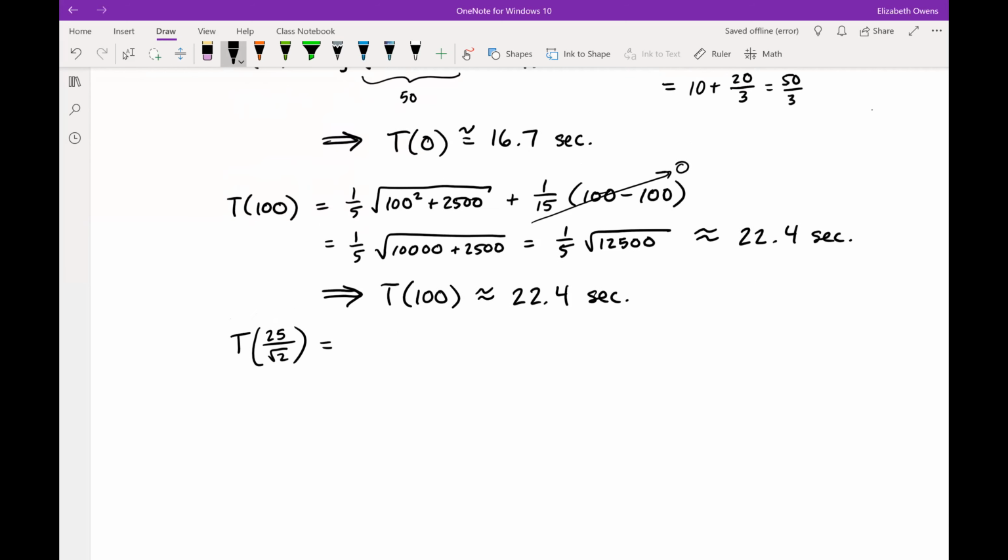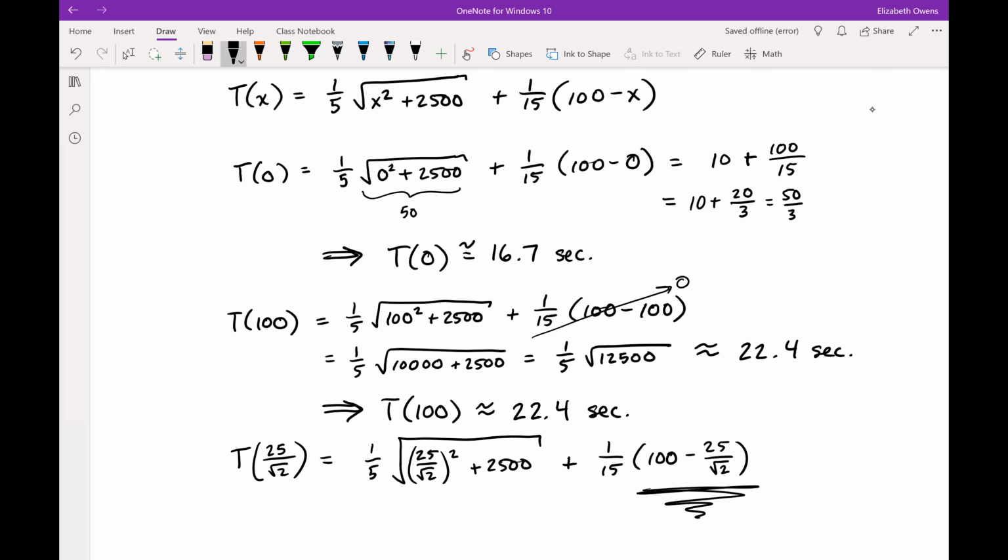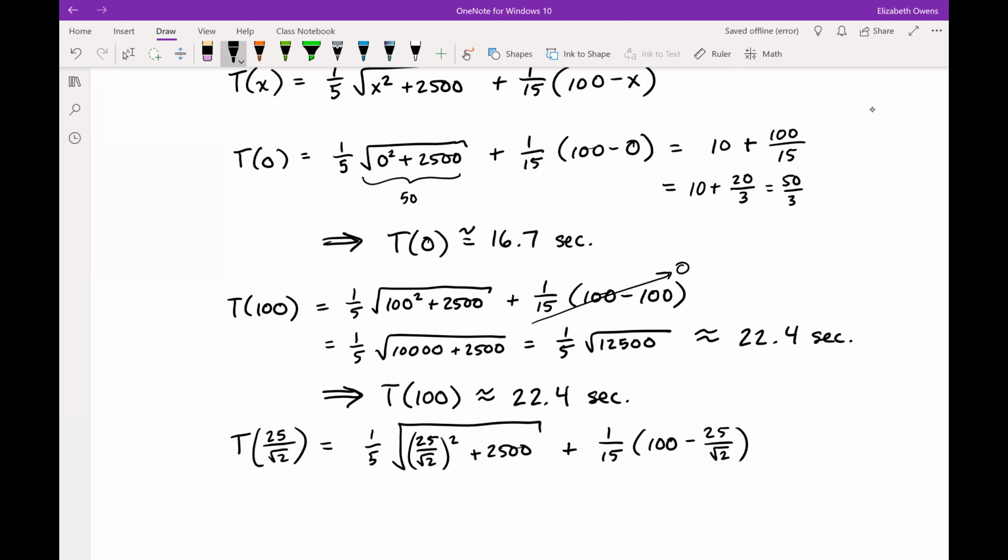Let's see. t of 25 over root 2 would be 1/5 square root of 25 over root 2, squared, plus 2,500, plus 1/15 times 100 minus 25 over root 2. That's gonna be fun. This one, you could do a little bit by hand if you wanted to, squaring this radical out, but with this term in there and everything, let's just go straight to the approximation.